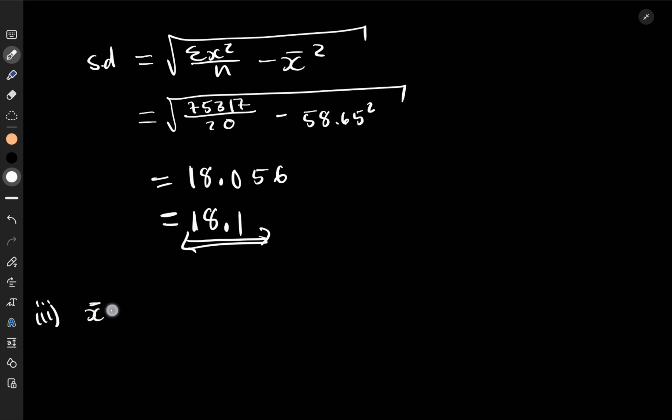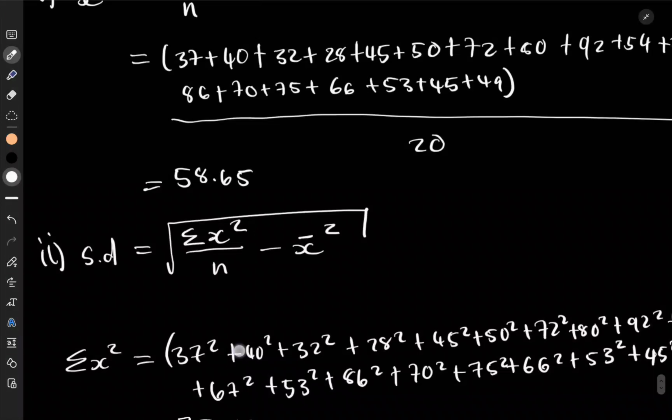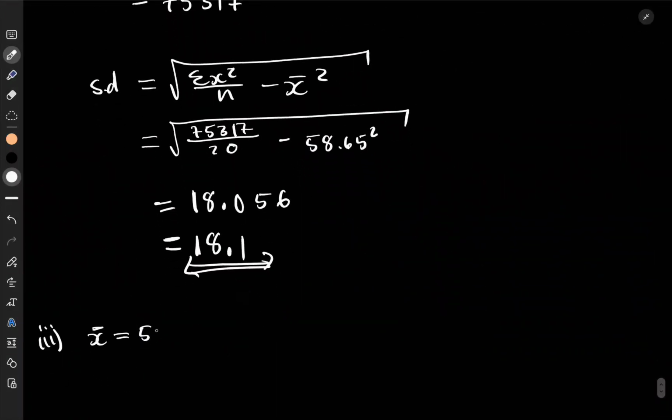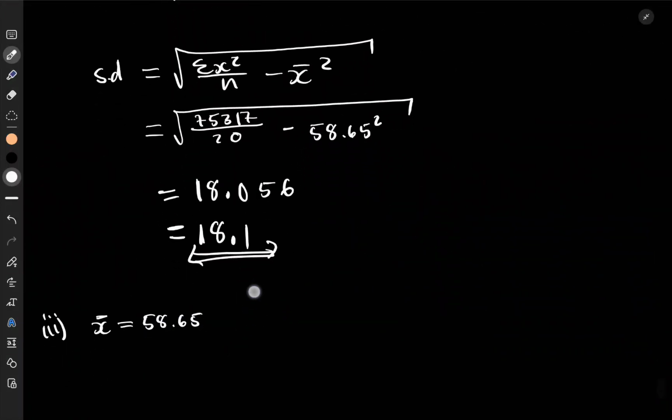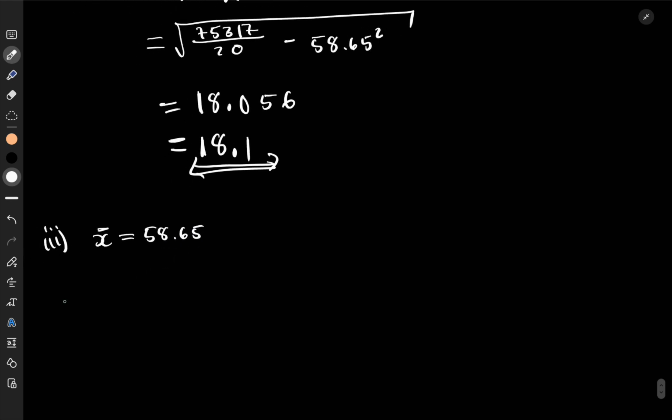So in part 3, what is my mean? X bar is equal to 58.65. So what I'm going to do is take the mean minus 2 standard deviations. This is going to be 58.65 minus 2 times 18.1.